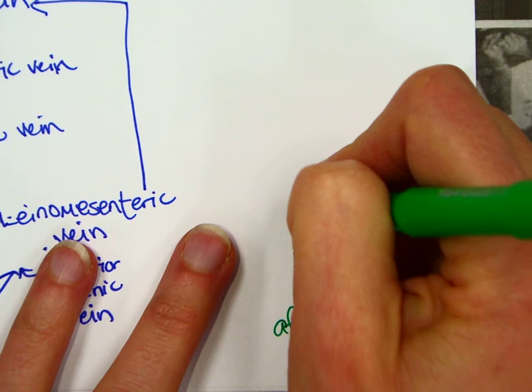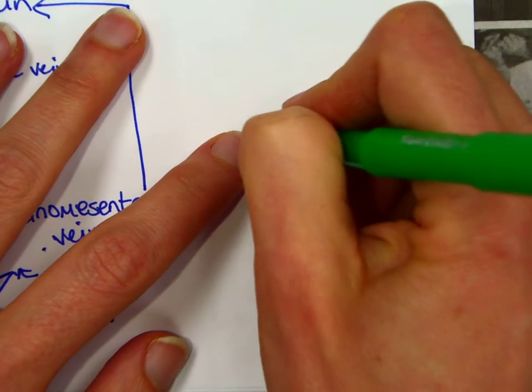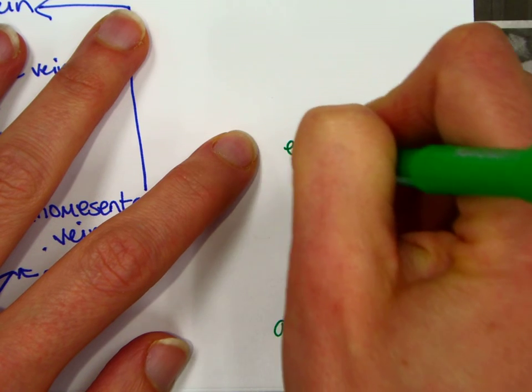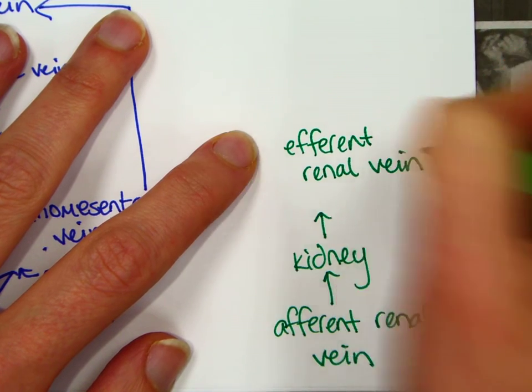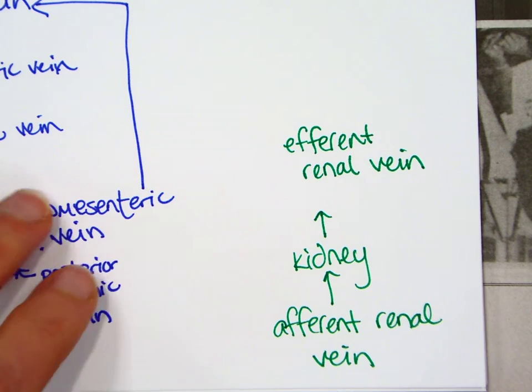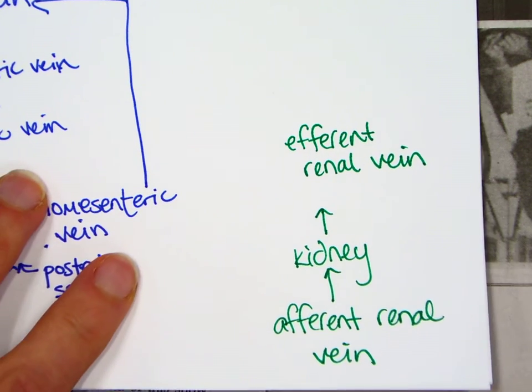The blood leaves the kidney, unsurprisingly, through the efferent renal vein. Okay, afferent renal vein into the kidney, efferent renal vein out of the kidney.